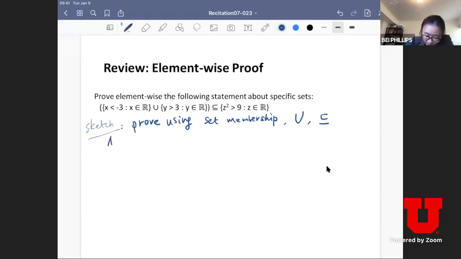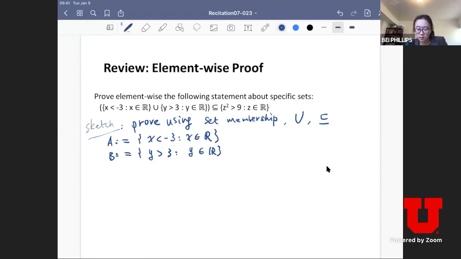So to simplify, I'm going to define the first set A to be all real numbers that are smaller than -3. The set B is all the elements that are bigger than 3.